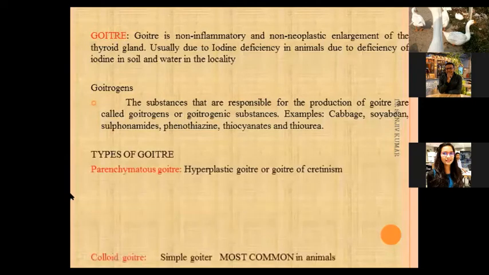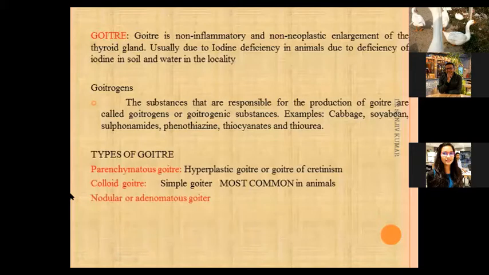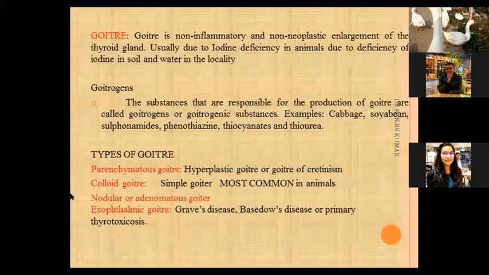So there are basically four types of goiter. In humans, there are basically six types of goiter, but in animals, particularly there are three types: parenchymatous goiter, colloidal goiter, nodular goiter, and the last one, exophthalmic goiter or Graves disease, which is very rare.